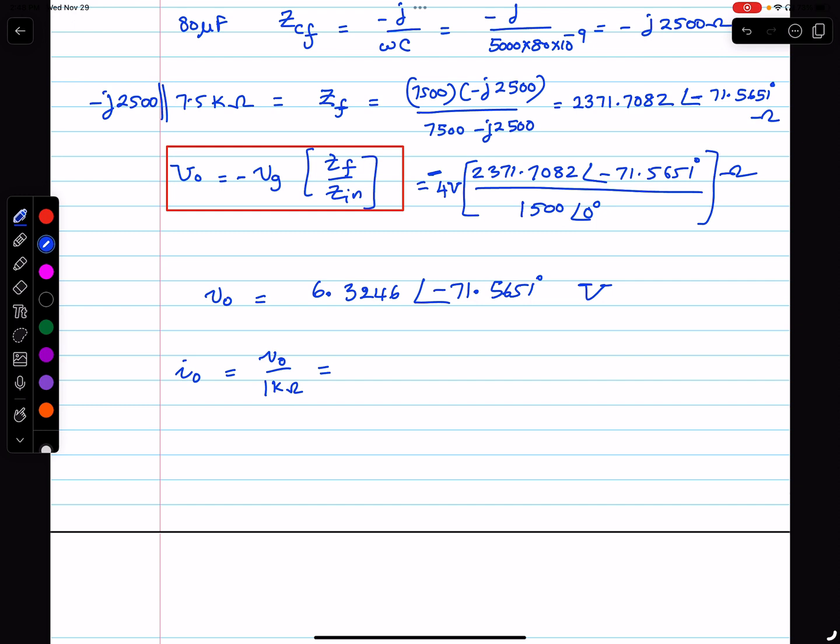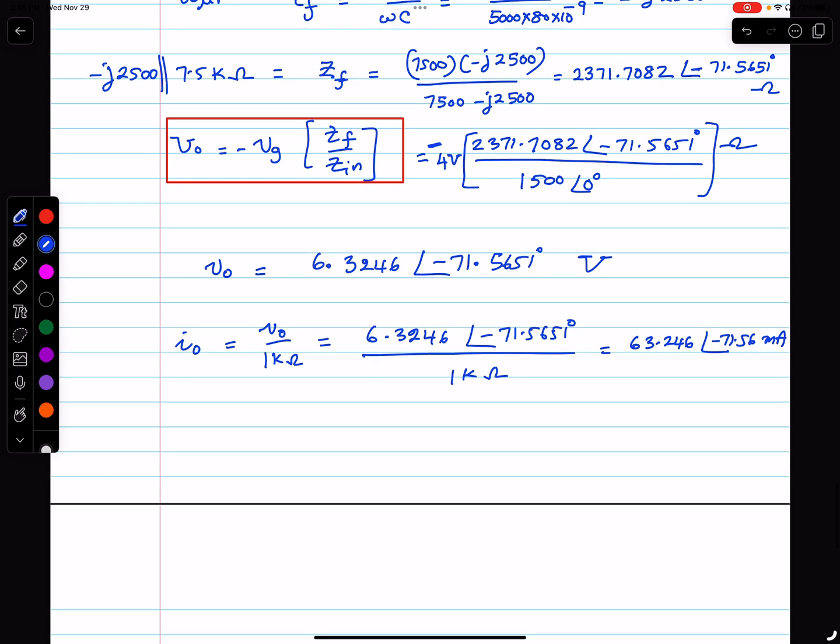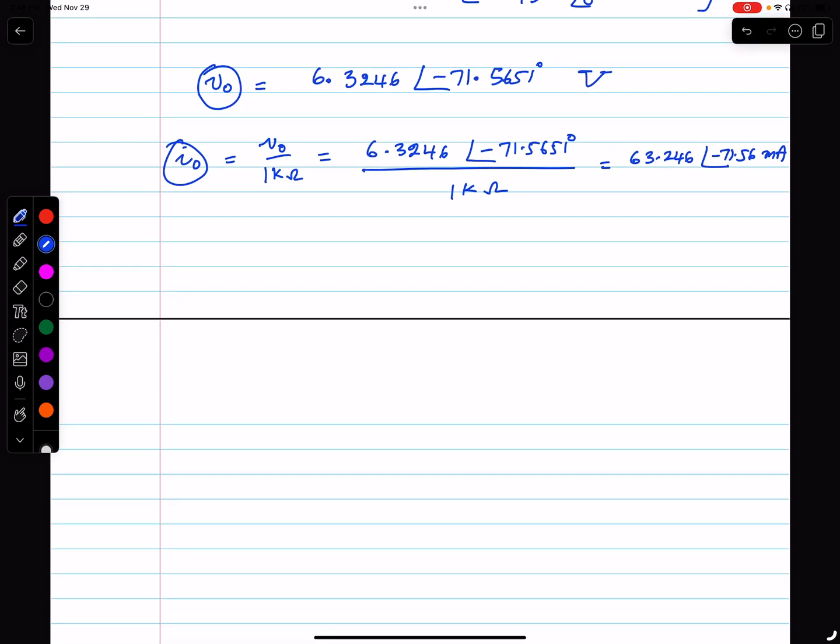So this is going to be 6.3246 angle negative 71.5651 degrees divided by 1 kilo ohms, which is in milliamperes, 63.246 angle negative 71.56 milliamperes. So now we know V0, now we know I0.